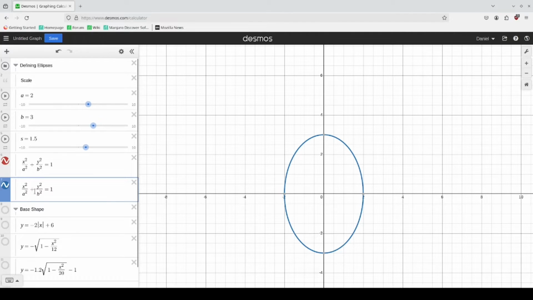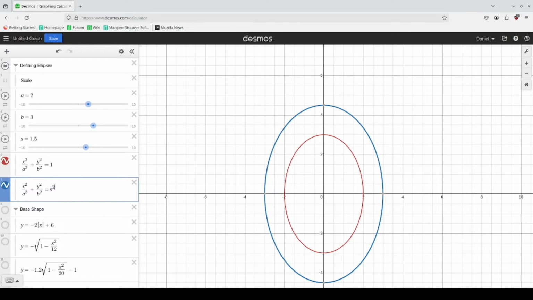And in fact, if this is one, I'm inclined to call this s squared.